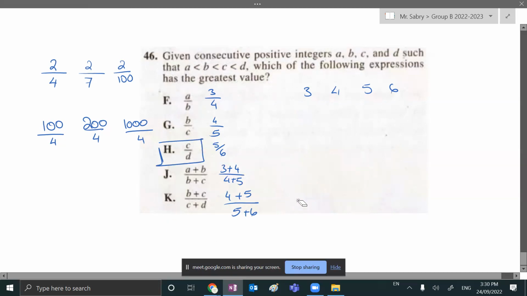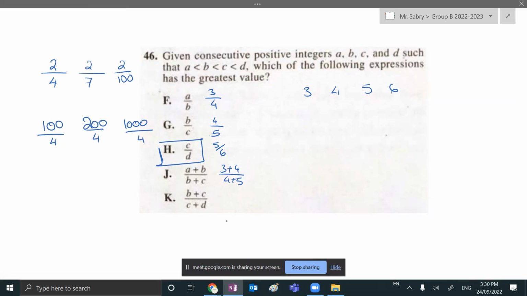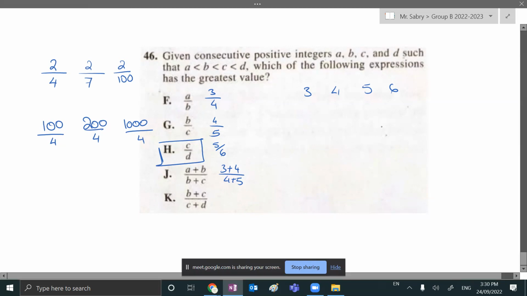Yes, because in general, if I'm increasing both the numerator and the denominator, that does not necessarily mean that the whole number is increasing. For example, 2 out of 3 and 36 out of 60: 2 out of 3 is actually bigger than 36 out of 60.